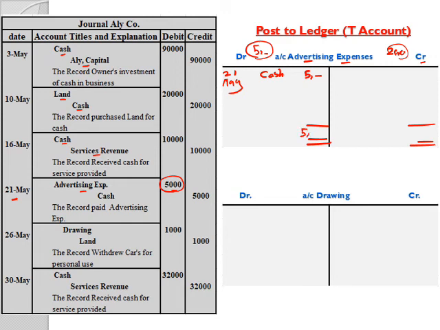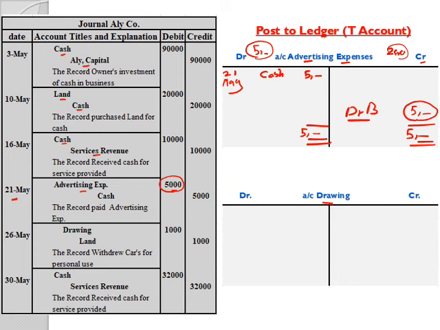Record total debit side 5,000 and credit side 5,000, the remaining balance 5,000 debit balance. Why? Because expenses have a normal balance of debit, so its balance must have the debit side bigger than the credit side.